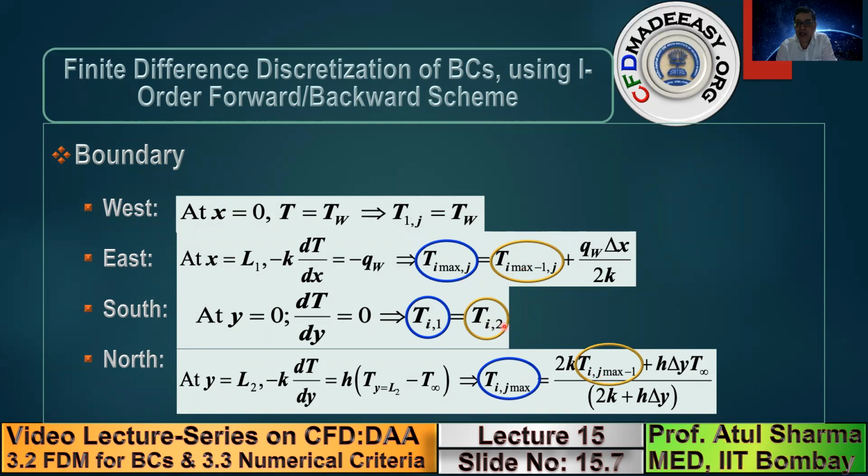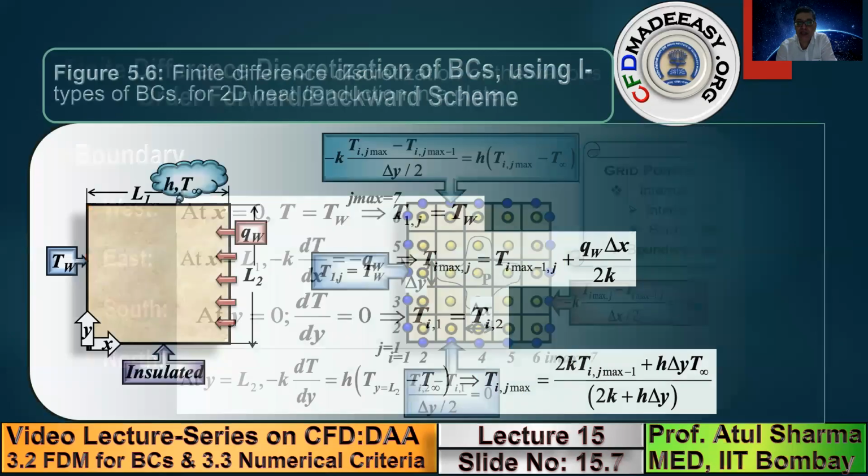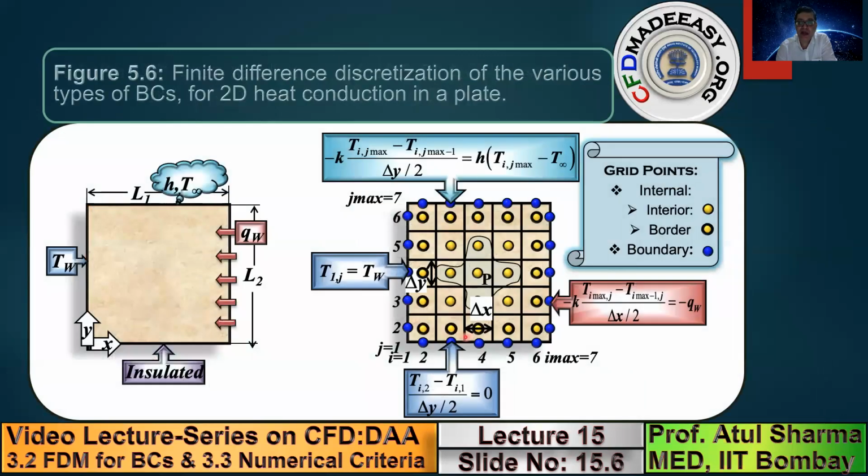So the change in the yellow circle value leads to a change in the blue circle value. The consequence is that, with respect to time, the boundary point temperature, so all these blue circles at the boundary, will change with respect to time.